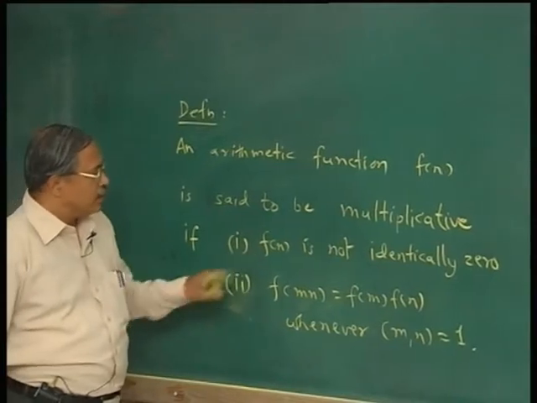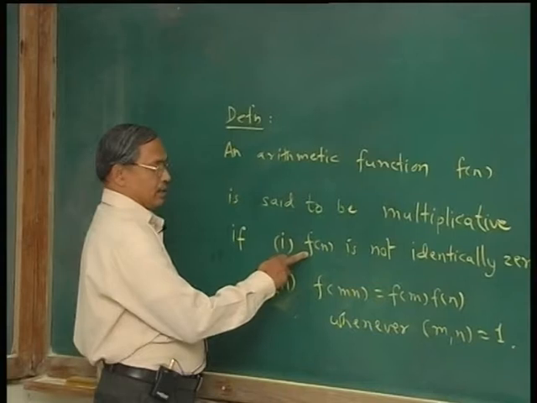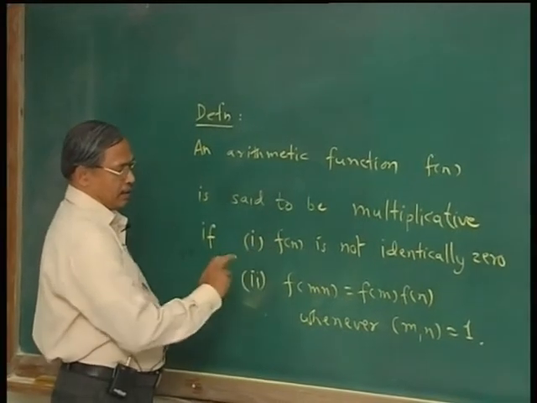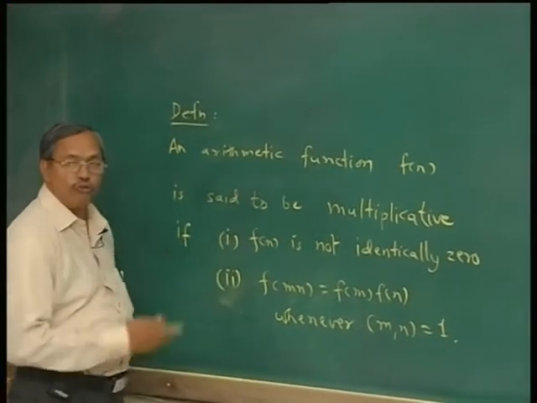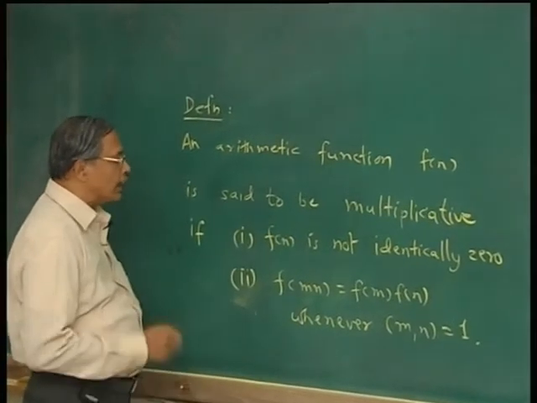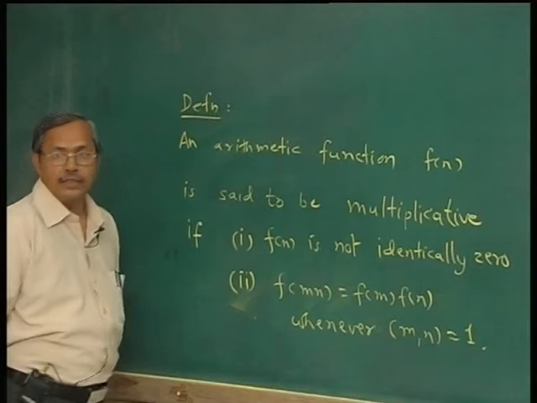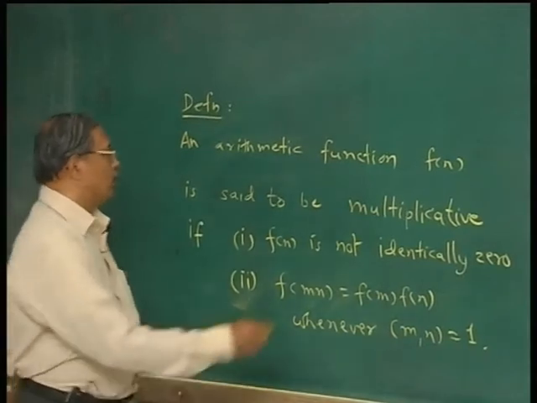This condition is to avoid the trivial example that f(n) equal to 0 for all n. And this also will tell you that f(1) is always 1 whenever the function is a multiplicative arithmetic function.